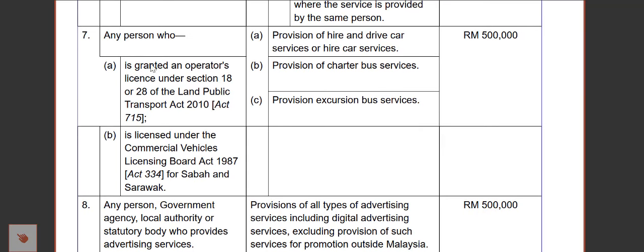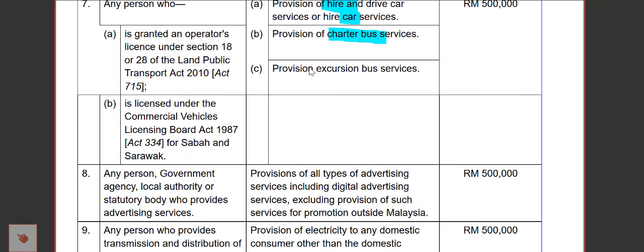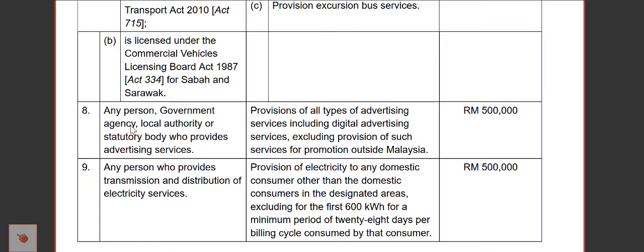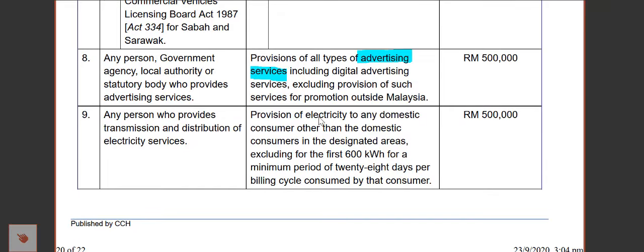Now this is for car rental. If you do hiring of car, hire car, charter bus, all that is considered as taxable service. Okay, now this is actually advertising agency, so all types of advertising service. And the last one here is electric.